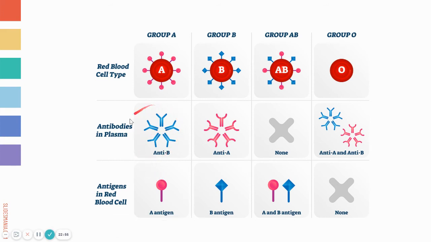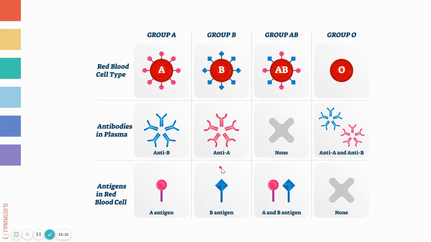Because of this, the antibodies circulating in your body are only going to be against the blue square antigens, so we'll say anti-B antibodies. And this is fine because you don't have the B antigen on your red blood cells. So these antibodies floating around are not going to interact with your red blood cells. They're only going to recognize those B antigens, which you don't have.